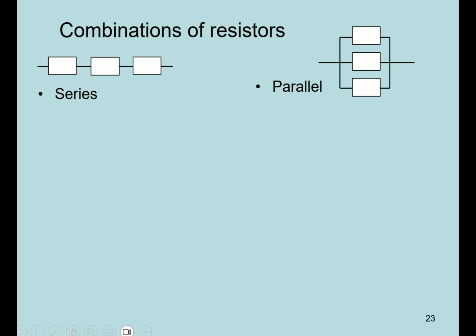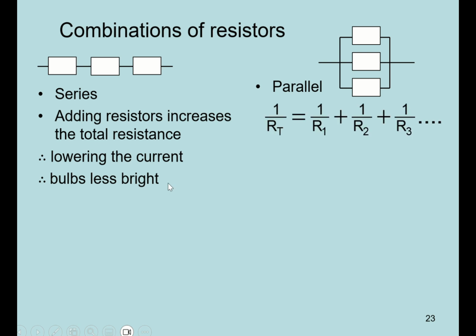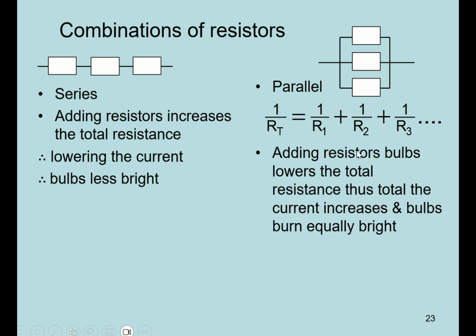Another way of summarizing it without all the meters: when you add resistors in series, the resistance increases, and therefore the current gets less, and if they were bulbs, they would burn less brightly. Adding resistors or bulbs in parallel lowers the total resistance, and thus the total current increases. So the current over here increases as you add more of them, but they burn equally bright.